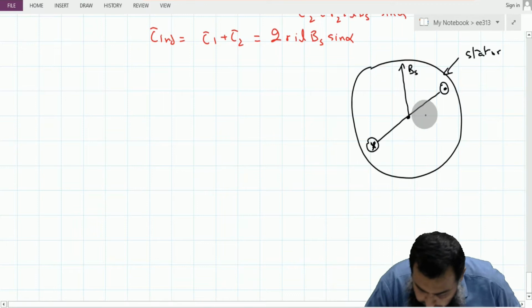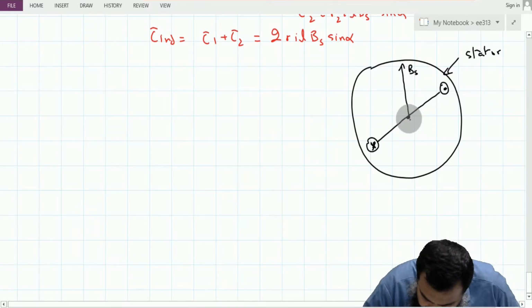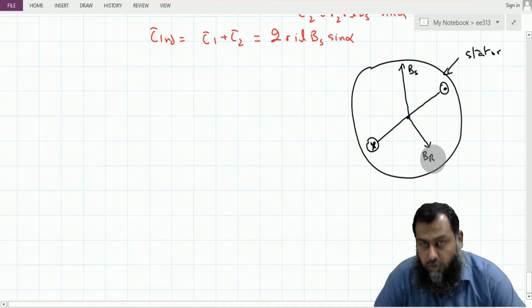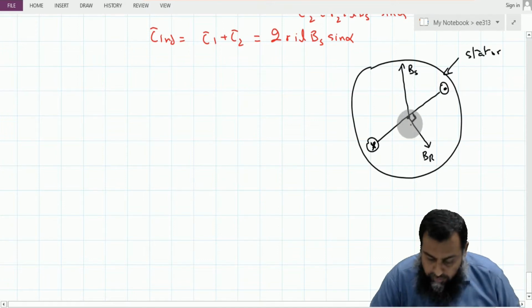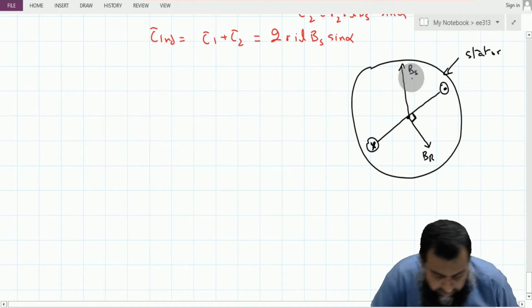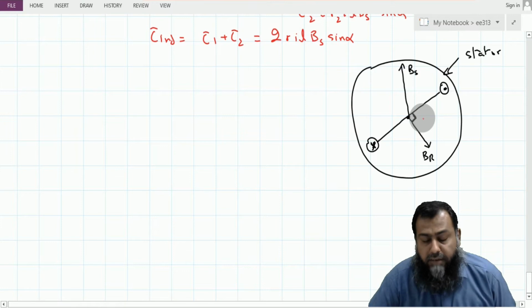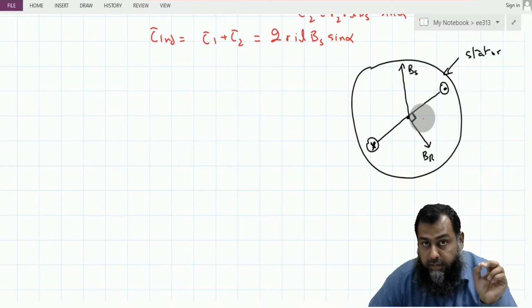At 90 degrees to this conductor current, we have this BR, which is the magnetic field in the rotor circuit. This angle is 90 degrees. So the vector sum of this BR and this BS will give us the net magnetic field present inside the given machine.